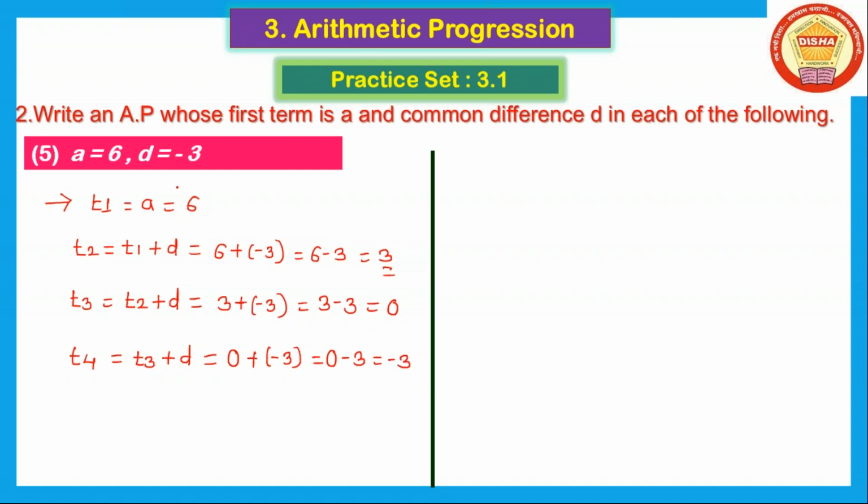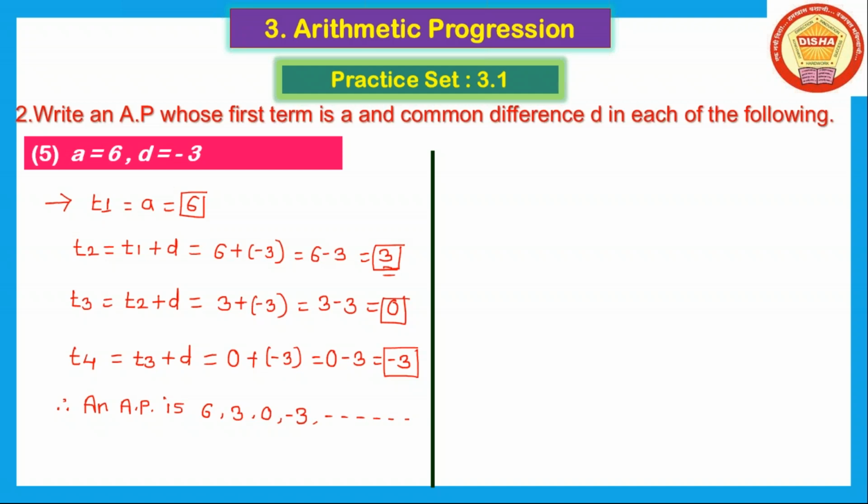Means the first term of the AP is 6, the second term is 3, the third term is 0, and the fourth term is negative 3. Okay. So here we write the AP is 6, 3, 0, negative 3, and so on. Okay, all of you understood this example?